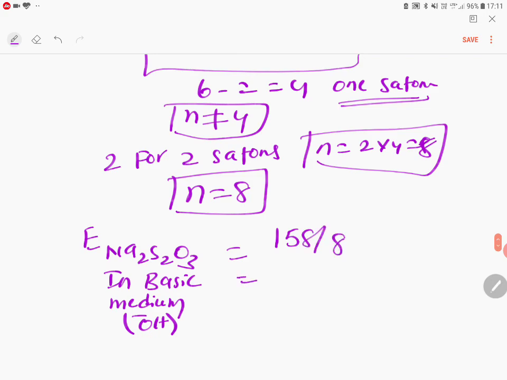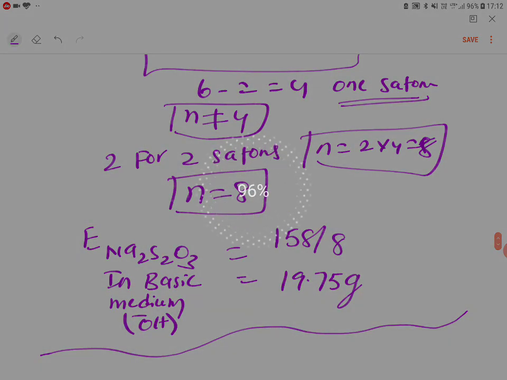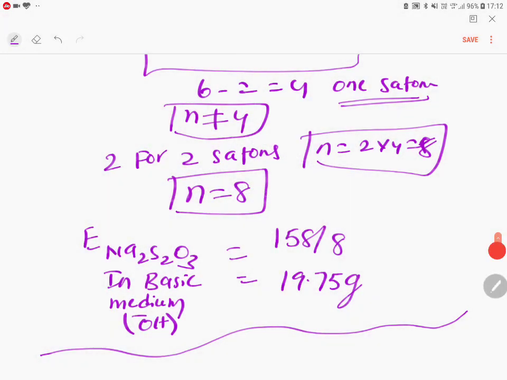So if you simplify this, you are getting 19.75 grams. Therefore, this many cases of equivalent masses I discussed as a concept video, children, in order to make you to score well in the competitive exam. You should know all these basics before you solve any competitive question in Faraday's law.